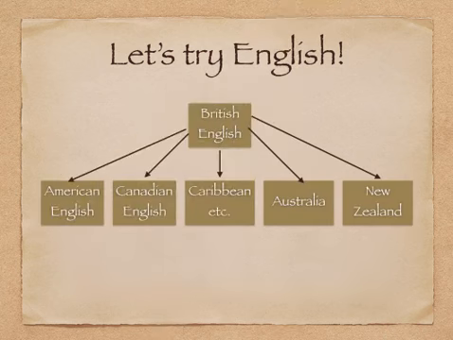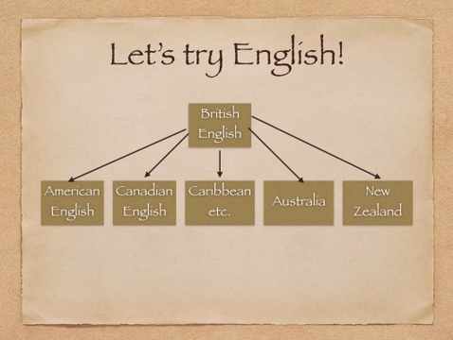And so if we were to draw that in a chart, again, I don't like doing this, do not quote me on this chart, but most people would generally be happy with the idea of British English coming first, and from British English, because remember, Britain spoke English long before America was colonized, etc. So generally, British English would have to be at the head of everything, because Britain came first.